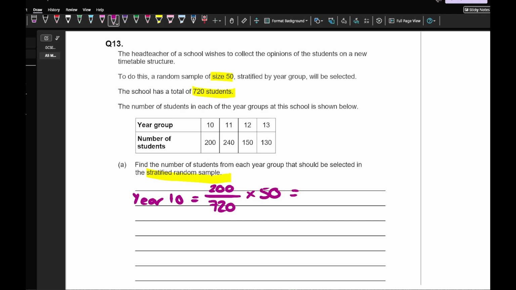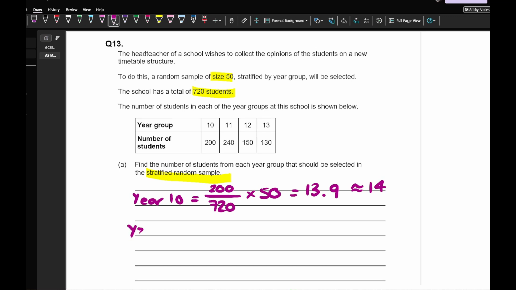So I type 200 over 720 multiplied by 50 into my calculator, and that gives me an answer of 13.9, which you can round up to 14.